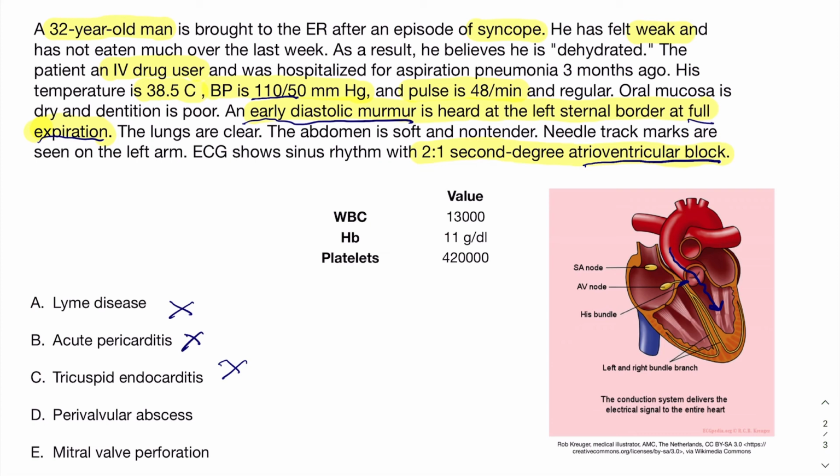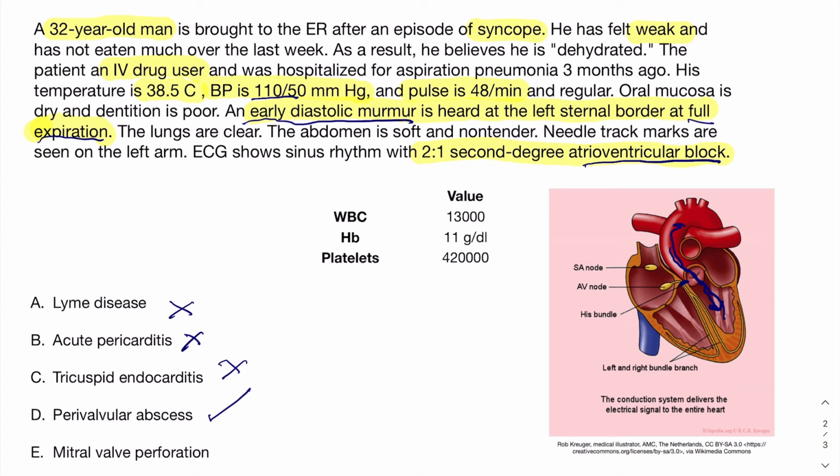According to the Frank-Starling law, the contractility and stroke volume of the left ventricle would be greater, so during systole more blood is pumped out, and the systolic blood pressure could increase in severe cases. But this was not the case here. Usually, in milder cases, the diastolic pressure decreases, like in this patient. So this makes perivalvular abscess the correct answer choice.